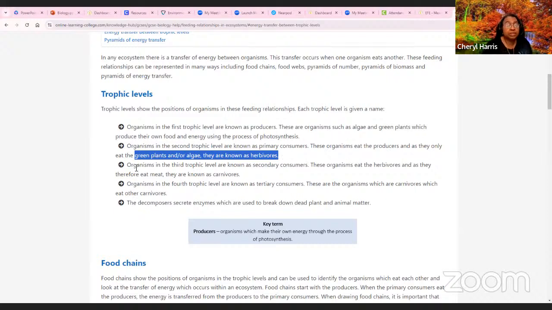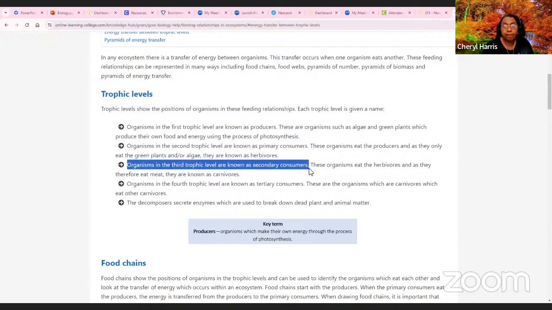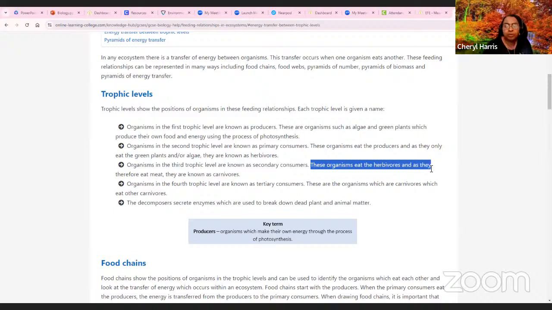Then the next level above that are the secondary consumers. These organisms eat the herbivores. They tend to be the meat eaters, or carnivores.